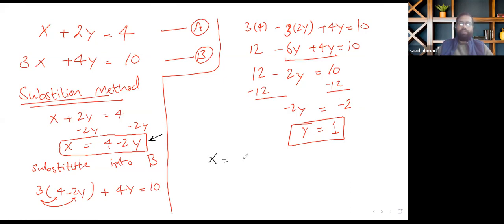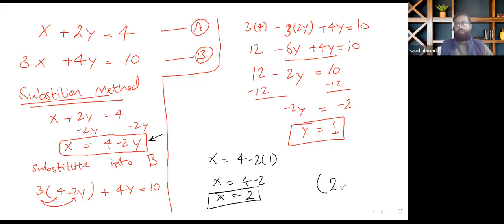So x equals 4 minus 2 into 1, because y is equal to 1, right? So x equals 4 minus 2, that's just 2. So x equals 2, right? So we have x equals 2 and y equals 1. And we can write the solution like this, (2, 1). So this is the point where both of these lines intersect, right?